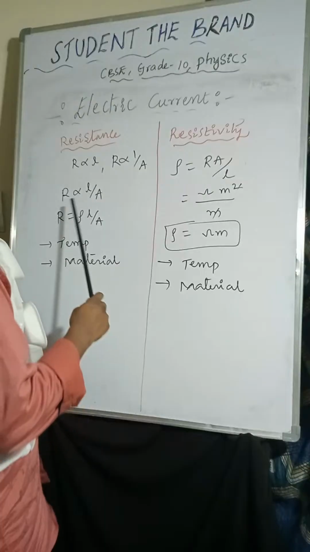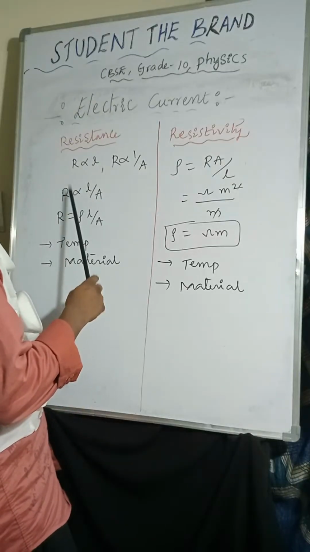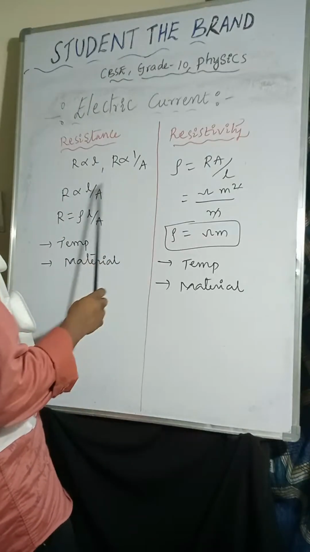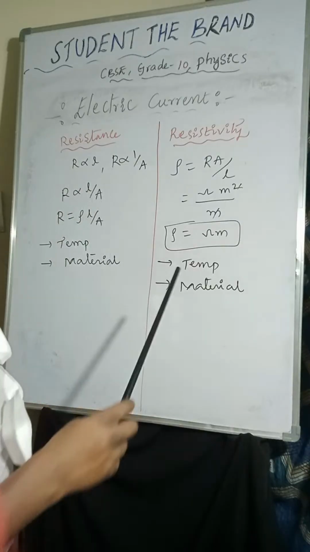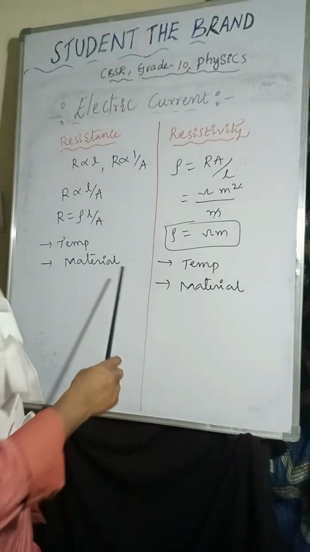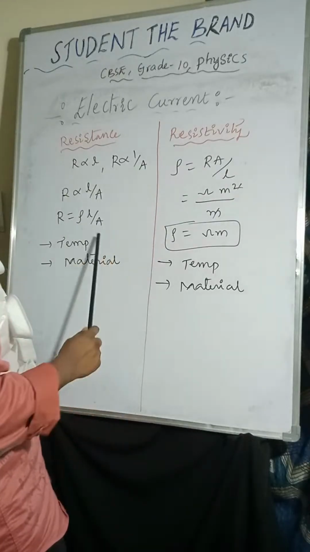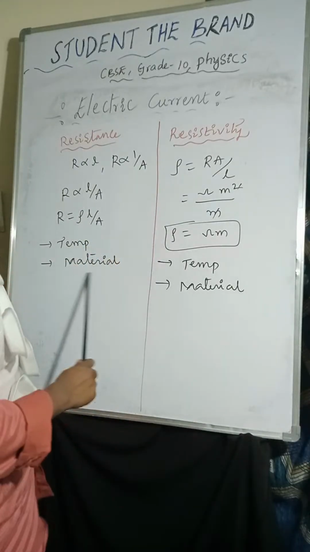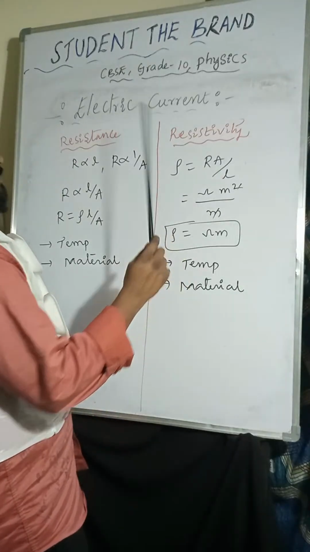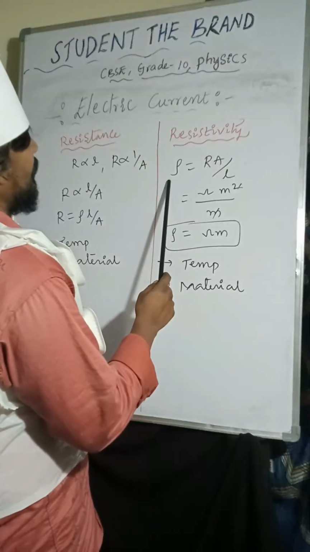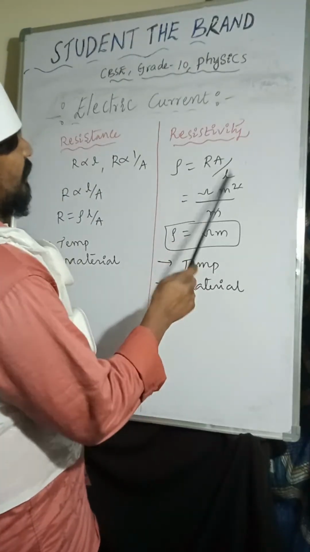So R is directly proportional to L, inversely proportional to A, R equals rho into L by A. Resistance depends on temperature and the material of the conductor. And coming to resistivity, rho equals RA by L.